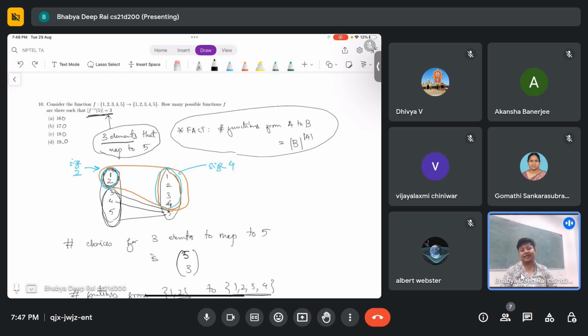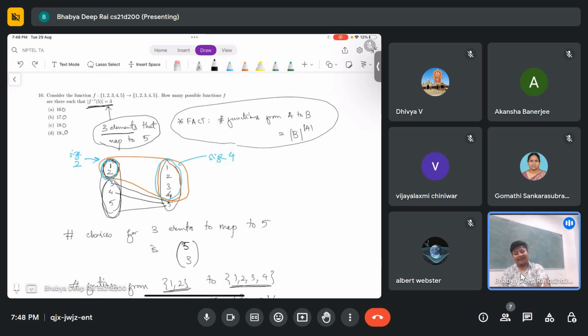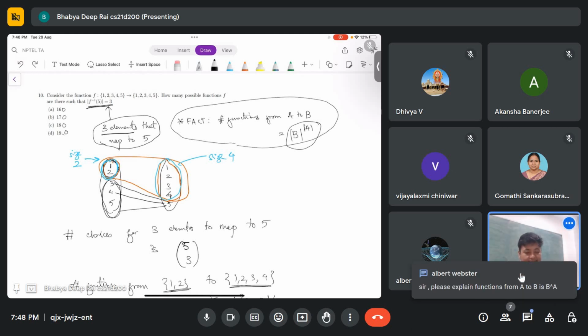There are 5 choose 3 ways to do it. And what about the mapping of the remaining elements? The mapping of the remaining elements is as good as the number of functions on the remaining set that we have. Using this formula, we get that 4 to the power 2 is the number of functions that map from a 2 element set.